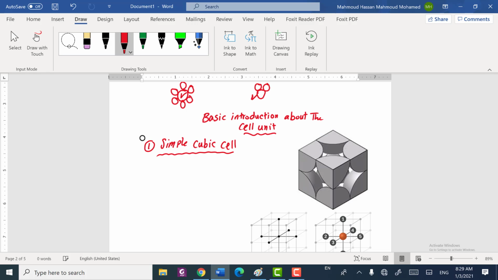For the unit cell in the simple cubic cell, like that shape, we are going to talk about it. What are the general properties of the simple cubic cell? Number 1, the unit cell consists of 1 atom.